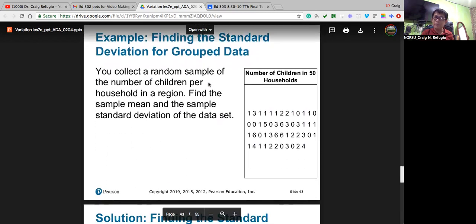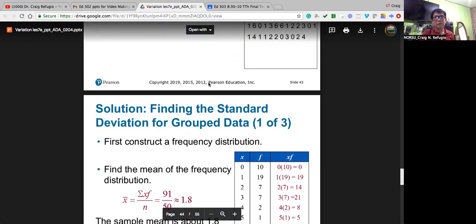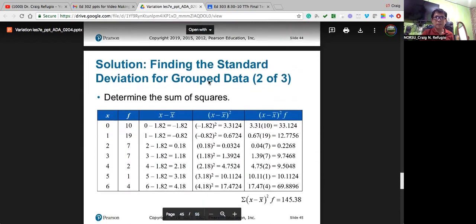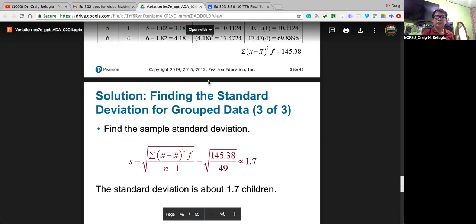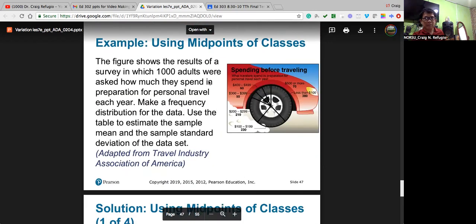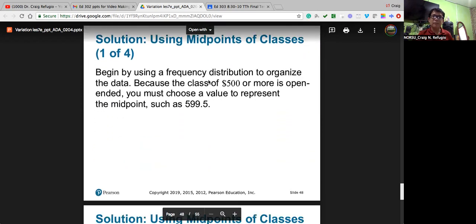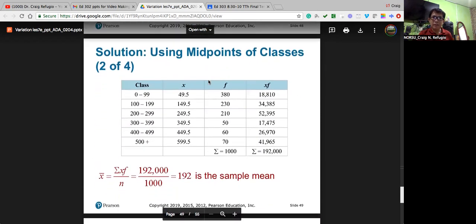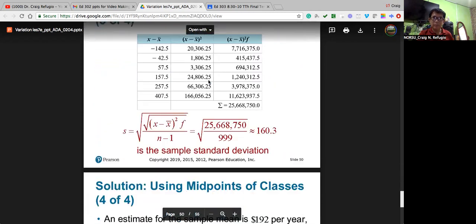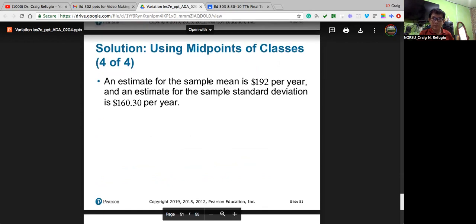Well, I'll just flash this one for additional knowledge, but we don't need to take it up in class. This one is upper-class statistics. Then we have the computation: finding the standard deviation, then using the midpoints, then the solution, and then the final answer.